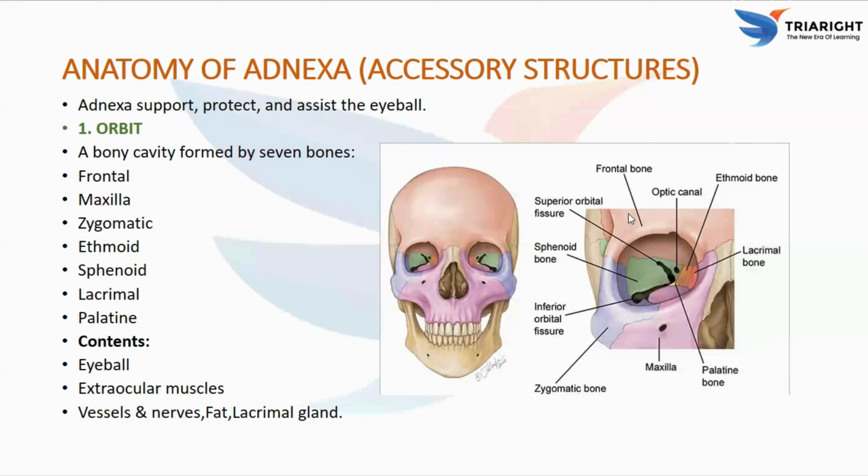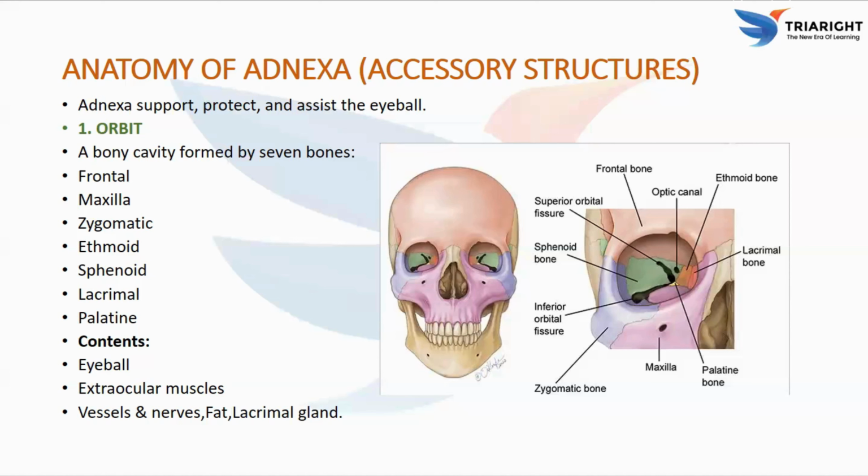The superior orbital fissure carries nerves which help in eye movement, and also the inferior orbital fissure carries nerves and vessels which arise from the maxillary region. So these are the bones which are present within the orbit of the eye.